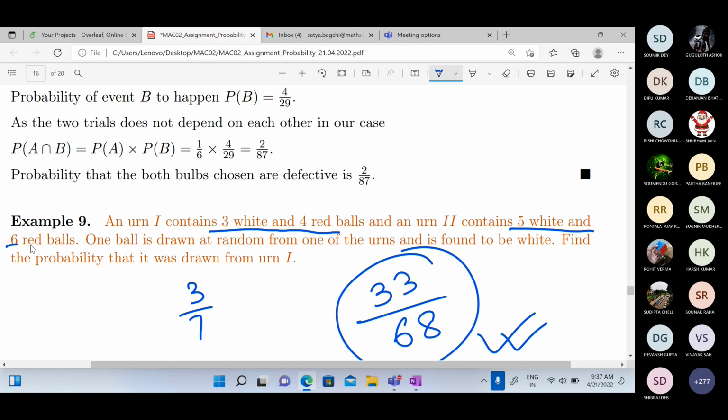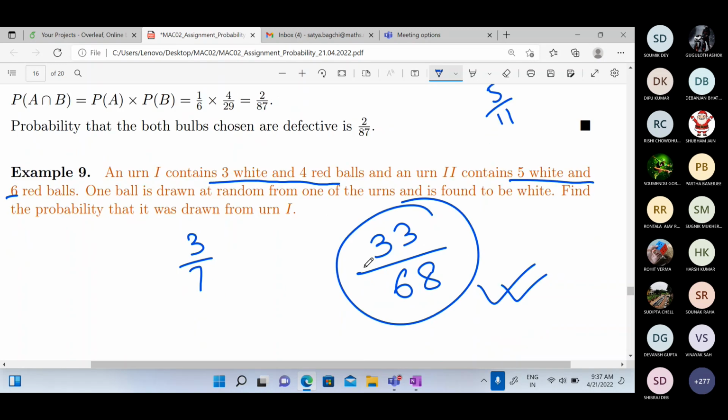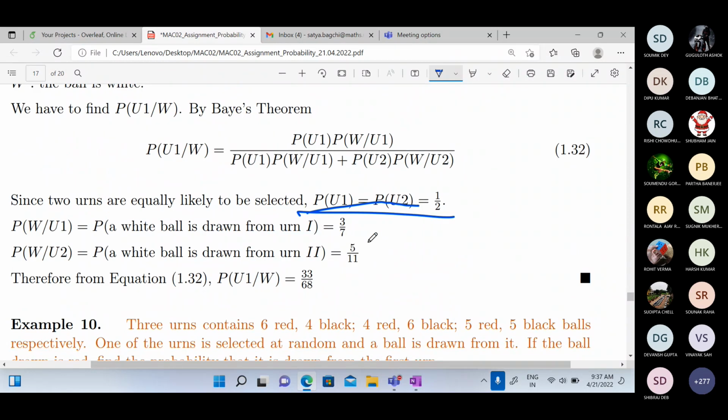So the probability that a white ball is chosen from U2, arm 2, is 5 by 11. That is written here, 3 by 7 and 5 by 11. Whatever you need is all given here. So you put these values in and calculate, and you will get this.